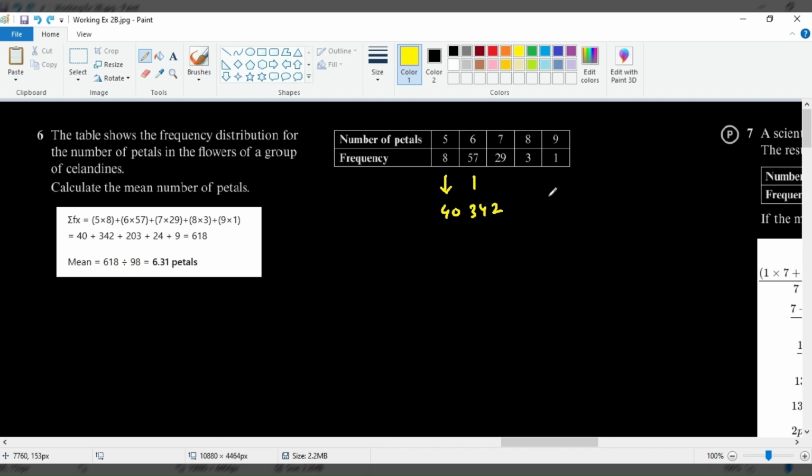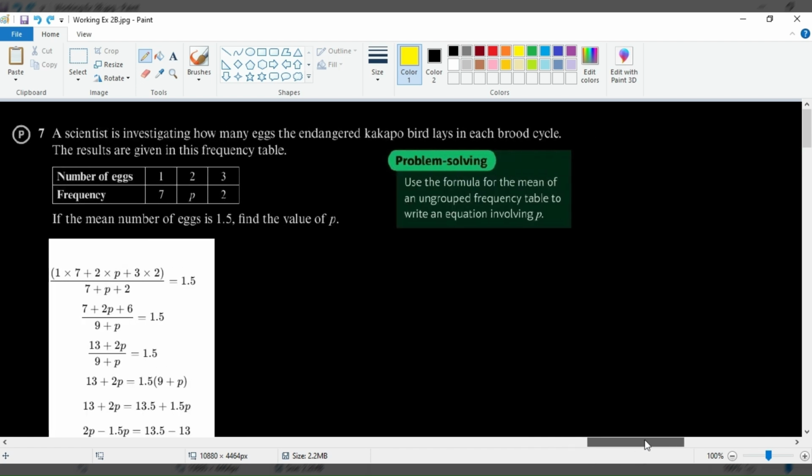Now comes question number 7. A scientist is investigating how many eggs the endangered kakapo bird lays in each brood cycle. The results are given in the frequency table, and one value of frequency is missing.